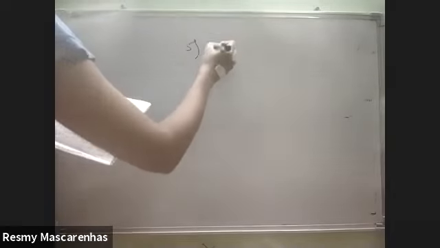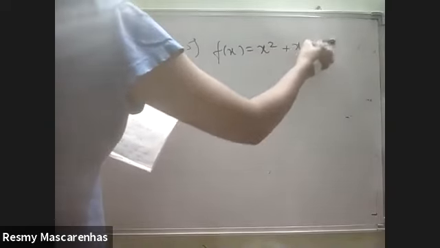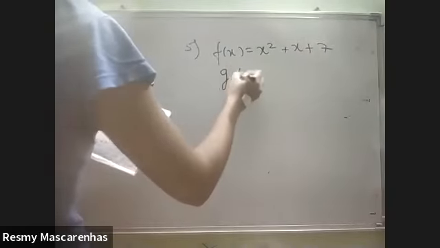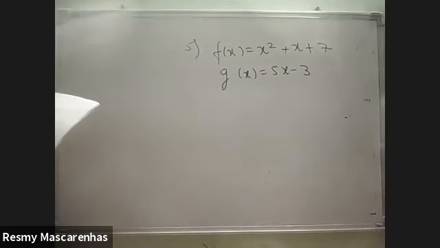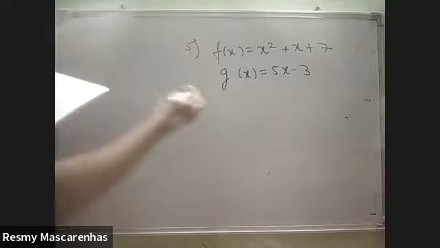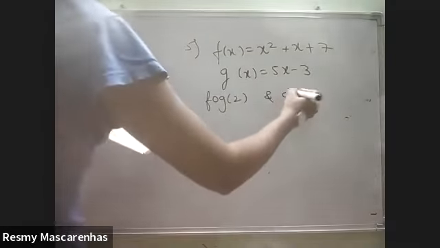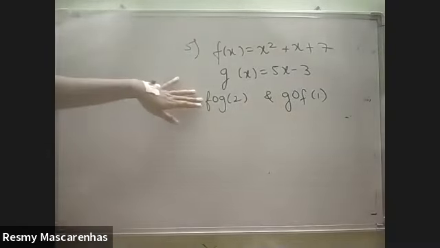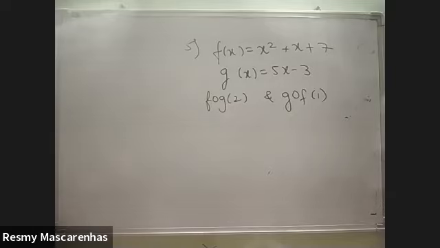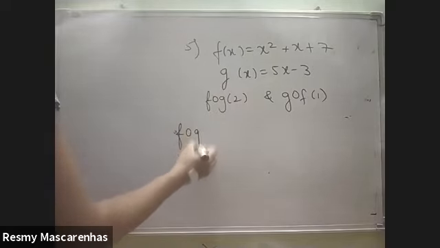Next one, f of x is equal to x square. Find FOG of 2. So first you can find FOG normally and then you can substitute the value of 2 over there. Okay, so first we can find FOG. Means what?